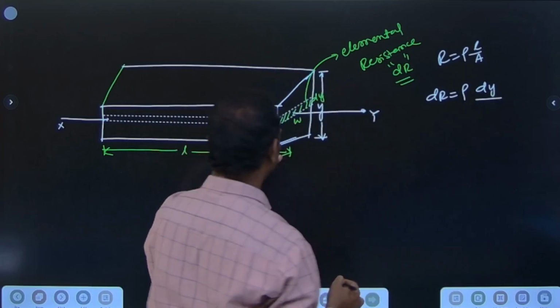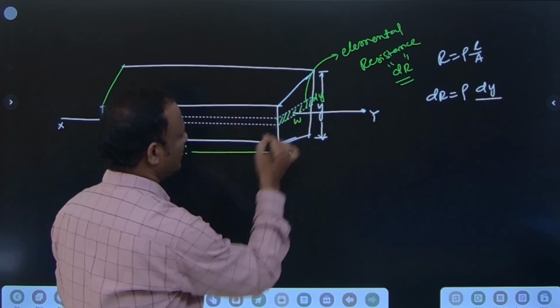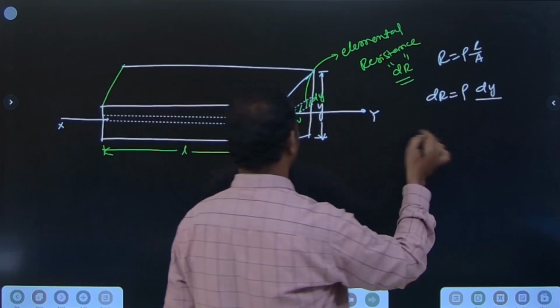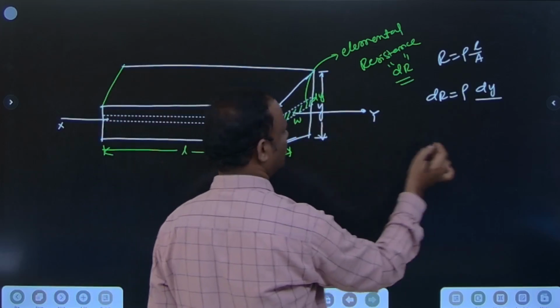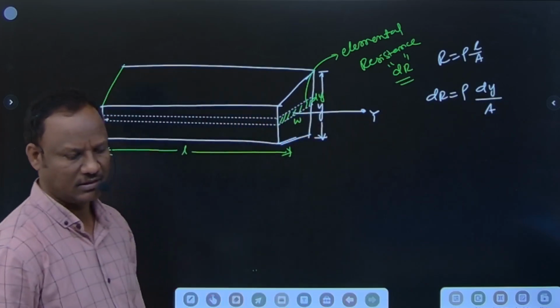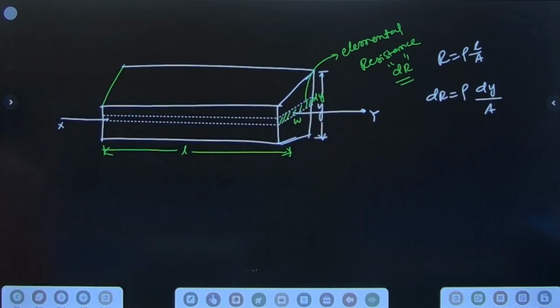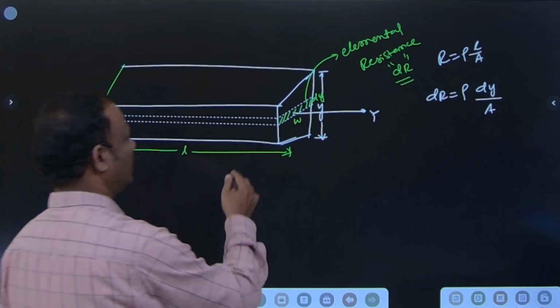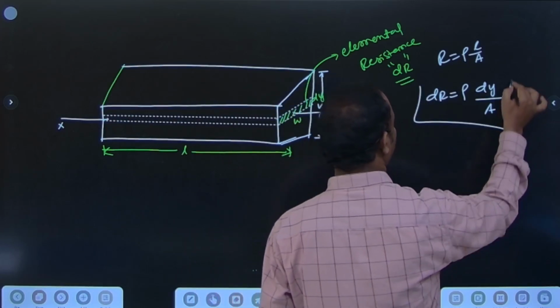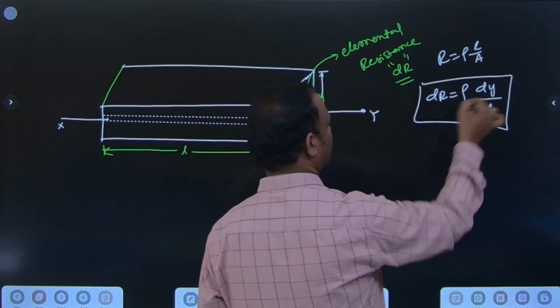By area means what? What is the area of this? Length into breadth, so W into dy. Now dR equals rho into dy by A.